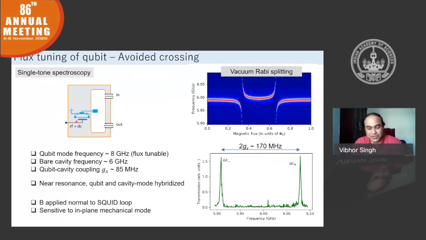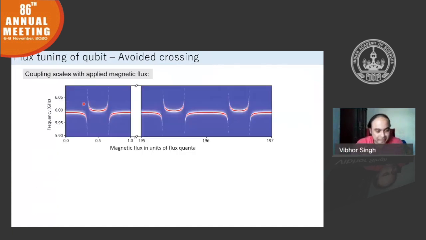So the next question is, how do we detect the vibrational mode from such measurements? Like I said, you can continue increasing the magnetic flux, and this pattern will repeat itself. The figure on the left-hand side shows the spectroscopy of the cavity in the first lobe of magnetic flux, but we can go to higher lobes, something like 195, 196, 197, and this pattern continues to repeat itself.